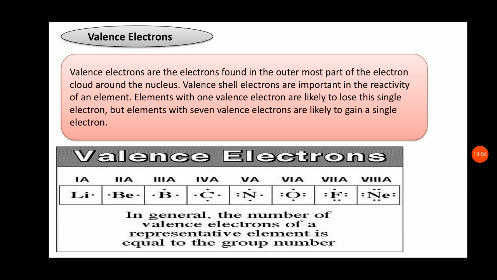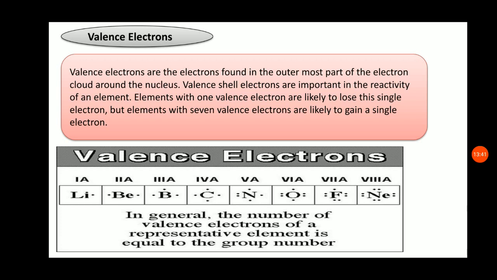Elements with one valence electron are likely to lose the single electron, but elements with 7 valence electrons are likely to gain a single electron. In general, the number of valence electrons of a representative element is equal to the group number.